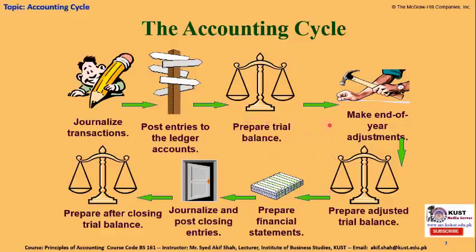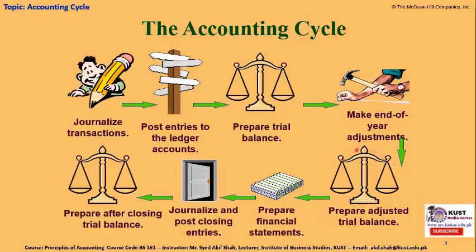If there are certain mistakes, or certain entries were previously omitted from the journal for any reason, then those year-end adjustments are required to be made in the journal, which need to be incorporated in this third step trial balance. And after incorporating those adjustments into the trial balance, we move towards our final adjusted trial balance.